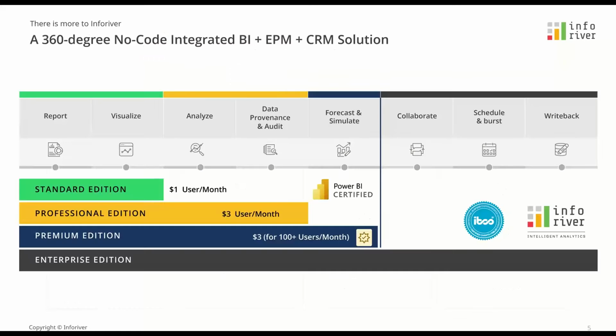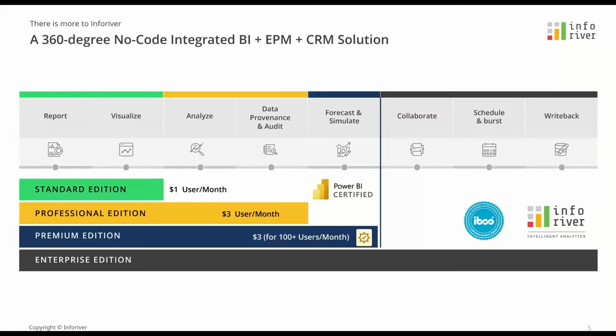I'm pretty happy to introduce the Inforiver Matrix today, which provides a broad set of use cases from reporting, visualization to analysis, everything with data governance, data provenance, and audit. It also provides a very end user friendly ability to input your forecasts and do very quick simulation and what if analysis.